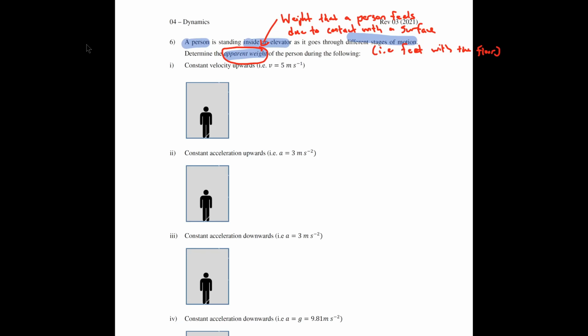That is also considered as apparent weight. Apparent weight is simply a force that you feel when you have a part of your body pressing down onto a surface. It could be when you're standing, it could be when you're sitting. That force that you feel when you're in contact with the floor or the chair is what you feel as your apparent weight. So when we ask you apparent weight, you just need to know that apparent weight is actually just the contact force.